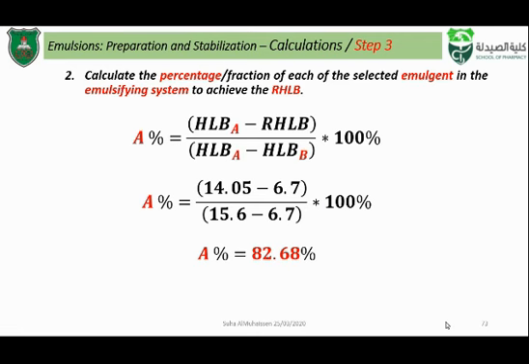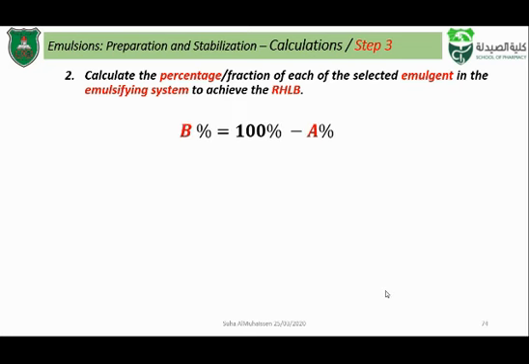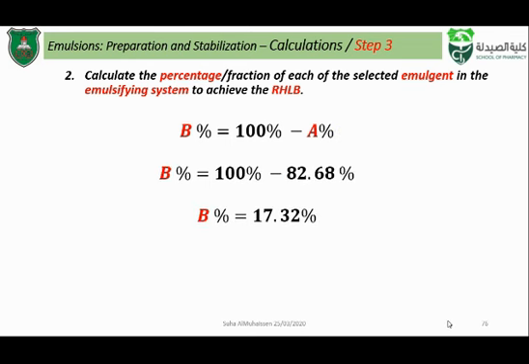And this will lead to A percent equal to 82.68%. B percent, the lipophilic emulsifying agent percent, is equal to 100% minus the hydrophilic emulsifying agent percent, which is equal to 17.32.